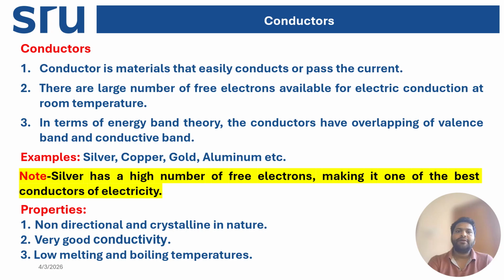So what makes a material a conductor? In atoms, electrons revolve around the nucleus in different energy levels. In a conductor material, especially metal, the outermost electrons are loosely bonded.